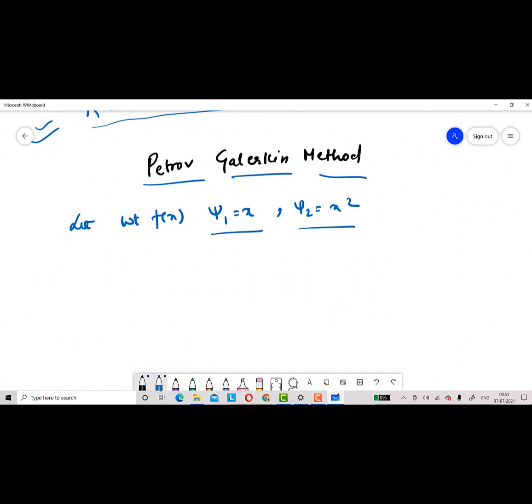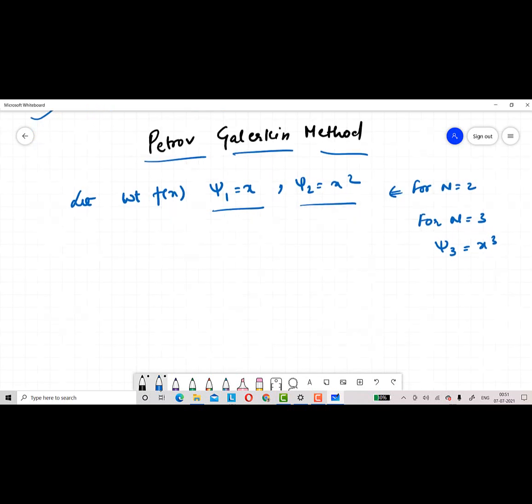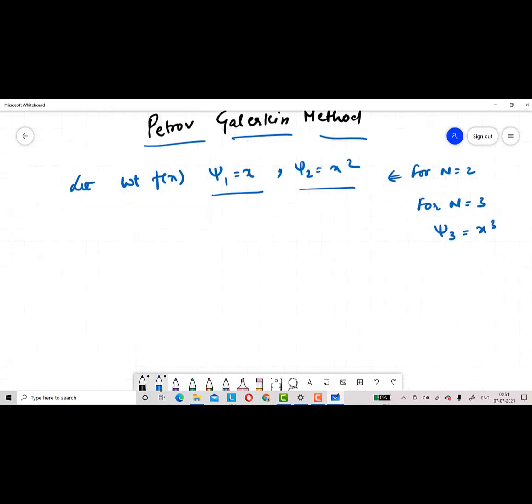Here we are calculating for n equals 2. If we have to calculate for n equals 3, then we will take psi3 equals x cube. But for our case, we are solving up to n equals 2, so we will take psi1 equals x and psi2 equals x square.